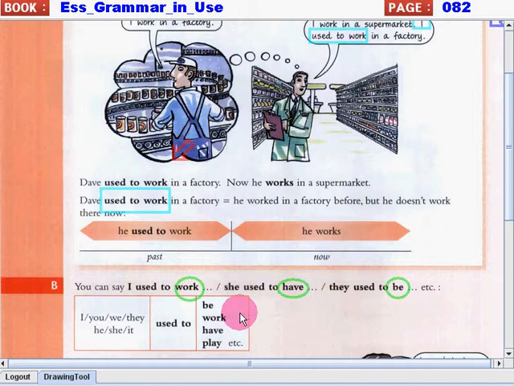Let's have some examples. I used to be. You used to work. We used to have. They used to play. All of these words are verbs, okay, students?